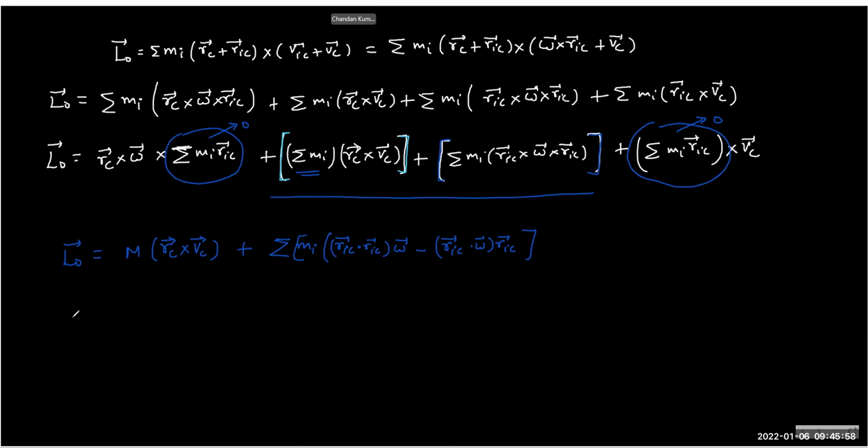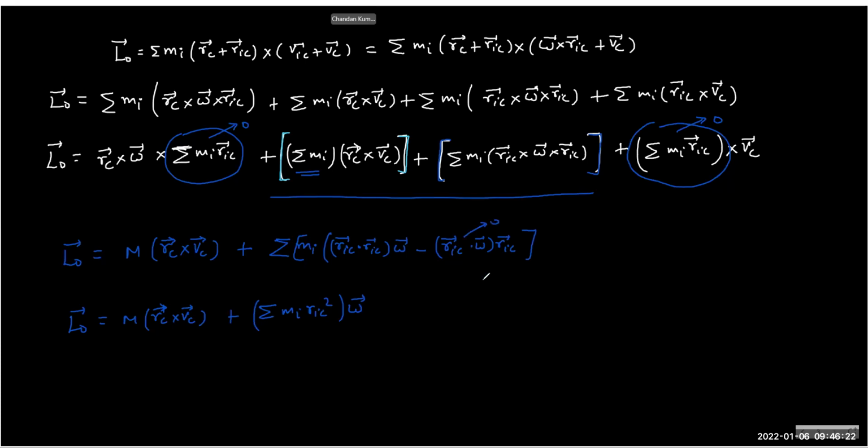So what we are left with is, and A dot A is A square. And this term is again 0. Why?